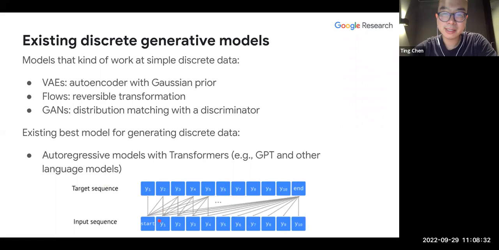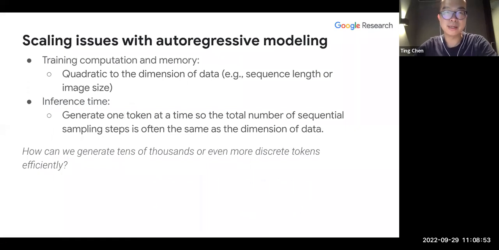The basic idea of this approach is that you're just looking at the previous tokens and predicting the next token one at a time. Typically you can use a transformer with attention masking to do this efficiently. But essentially you're predicting one token at a time with a cross entropy loss, right?